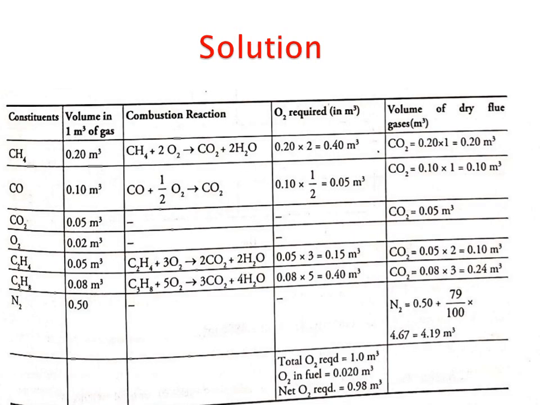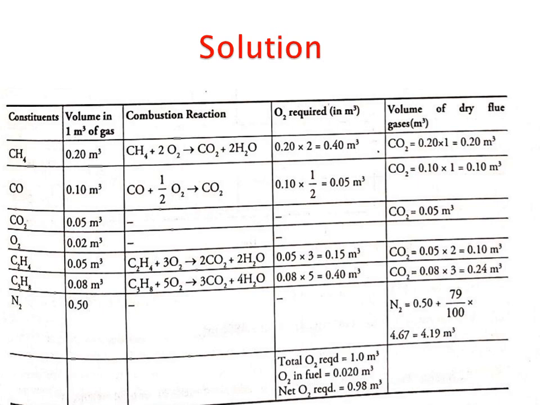Now let us see how we solve this numerical. First, as done earlier, we write down all the constituents, then we write down constituents per meter cube, then we write down the combustion reaction, then we calculate the amount of oxygen which is required. I am not explaining it, you have already done it in the first numerical. So when you add the total volume of oxygen, it comes out to be 1.0 meter cube.